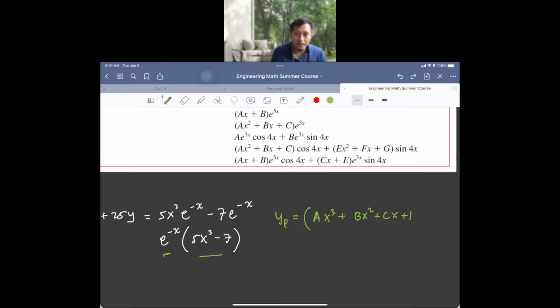We usually avoid D because the letter D might be confused with the differential operators, which we also write with D. So ax cubed plus bx squared plus cx plus e, and then multiply with e to the power of negative x. Probably this is our particular solution.